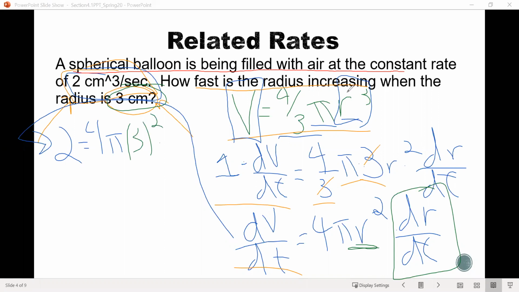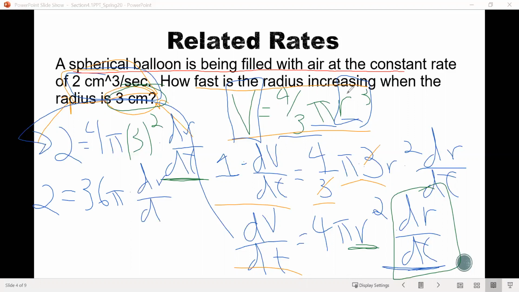And then we still have the times dr dt from over here. Okay, and now notice in this equation, the dr dt here is the only thing that we don't have a value for. So we can rewrite this, first of all, as 2 equals 3 times 3 is 9 times 4, so we have 36 pi times dr dt.